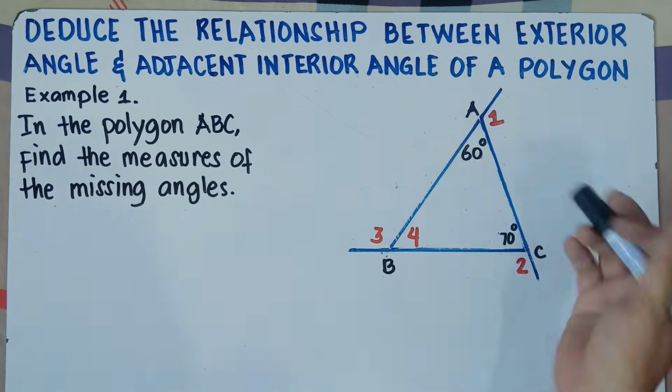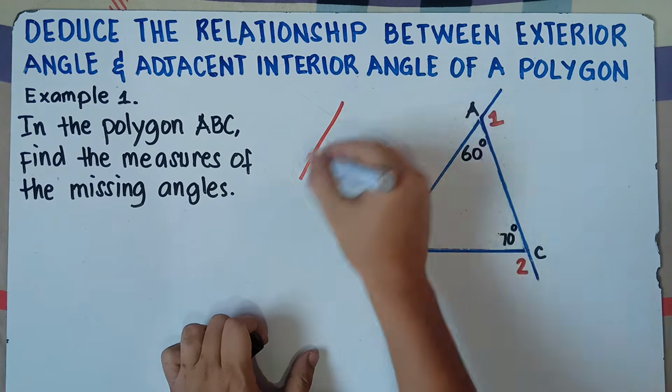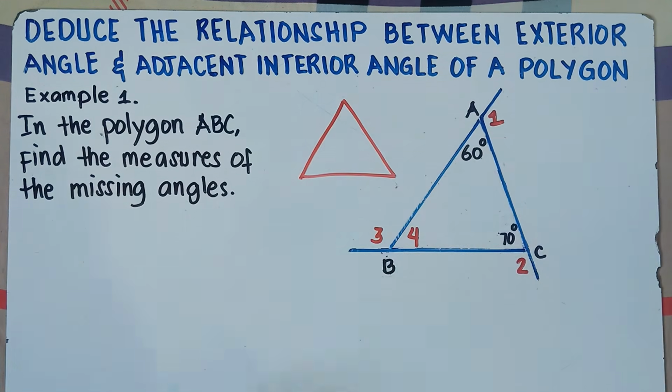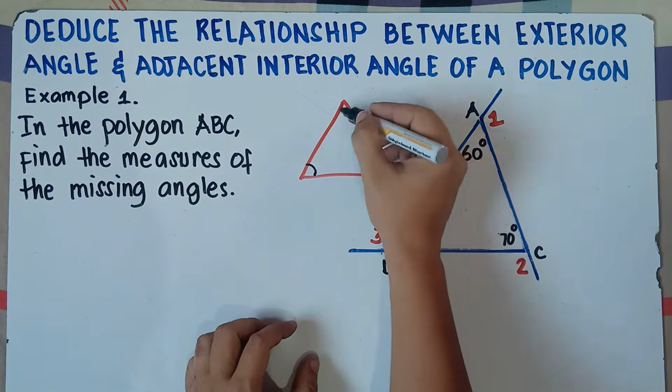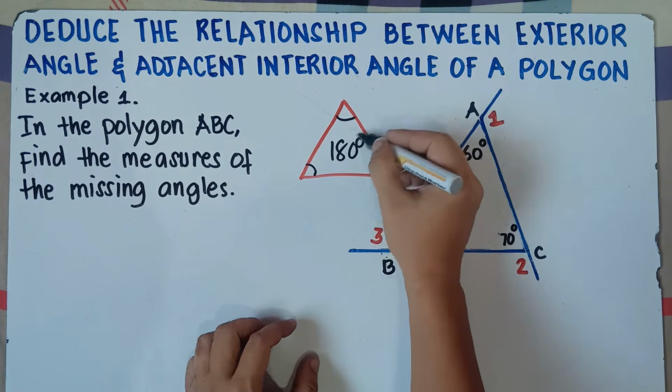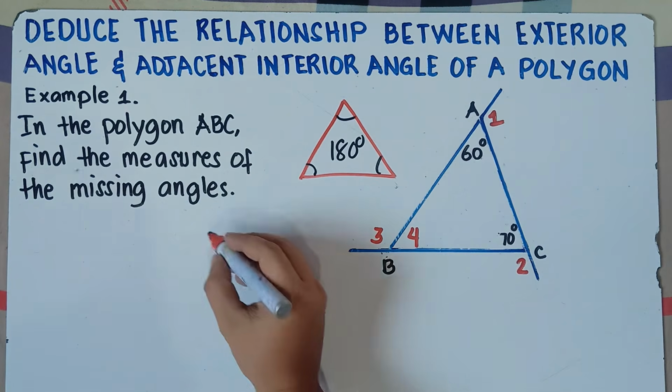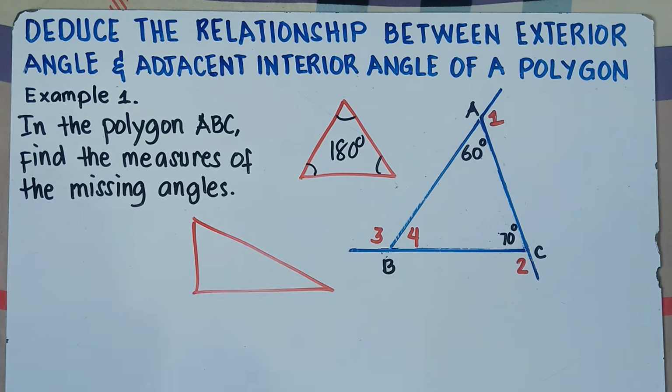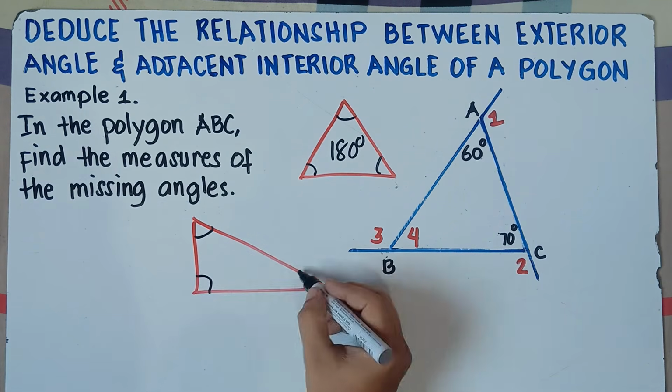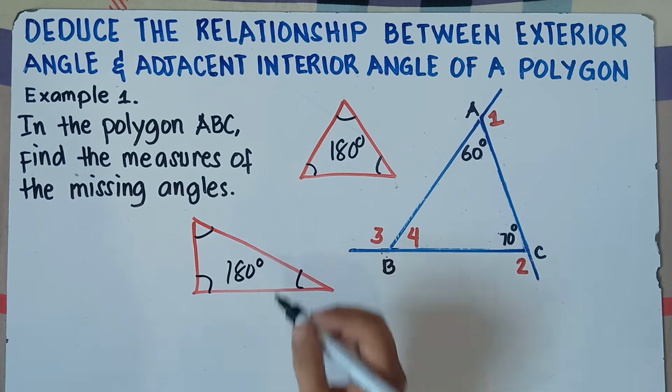Now once again, class, in a triangle, if you add these 3 interior angles, it's always 180 degrees.